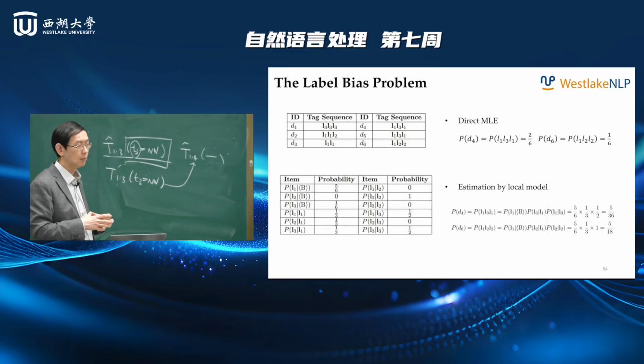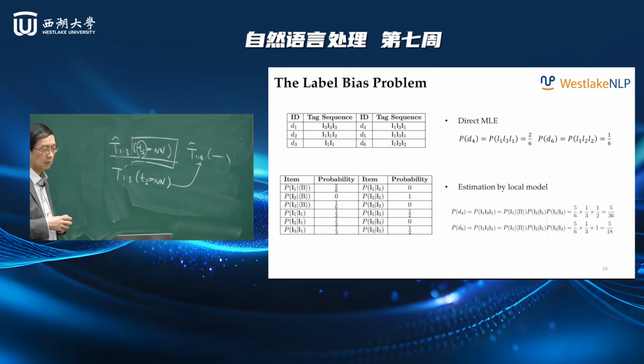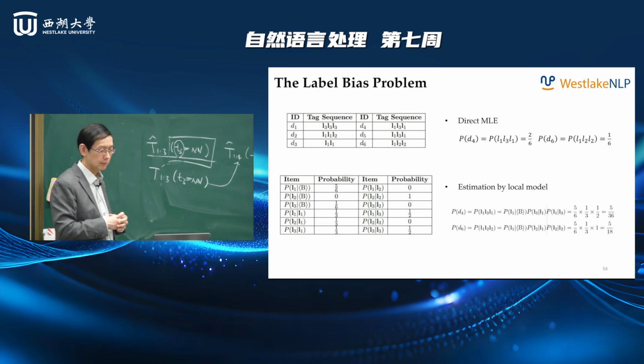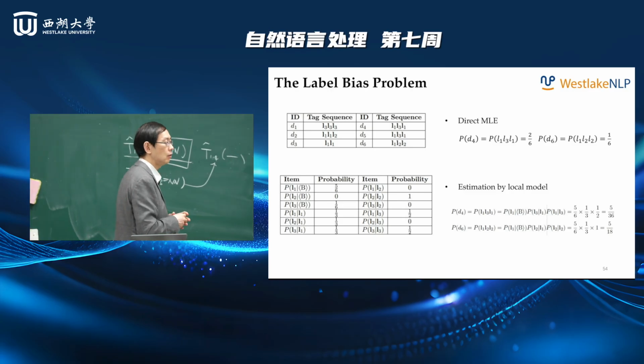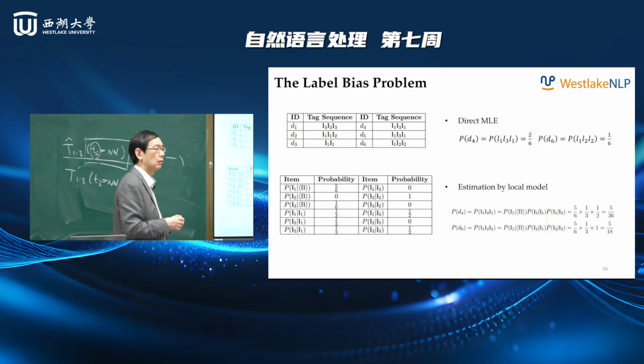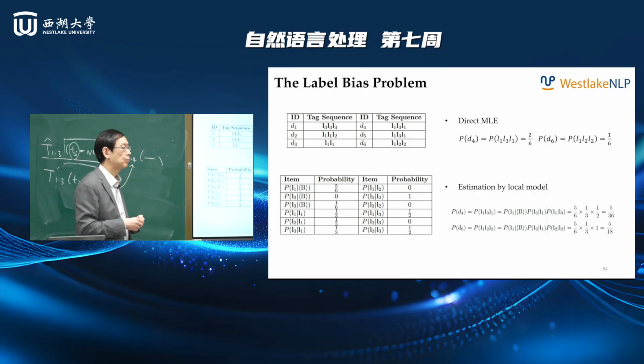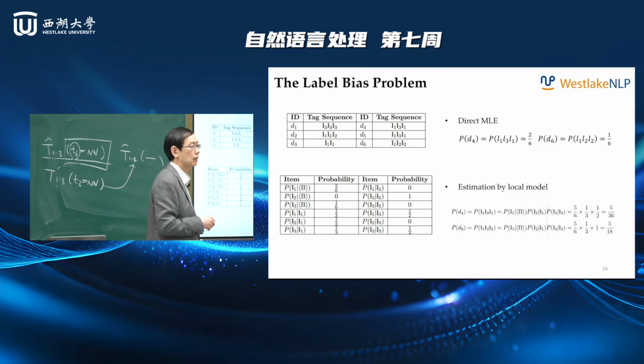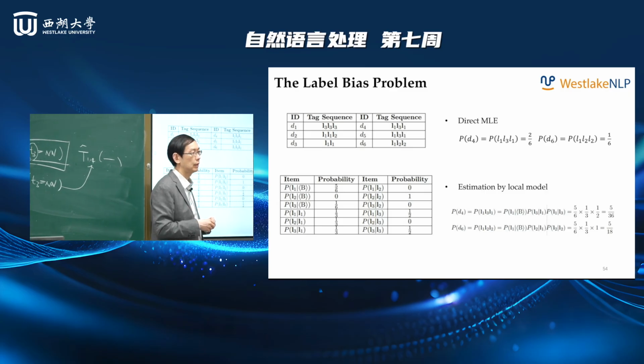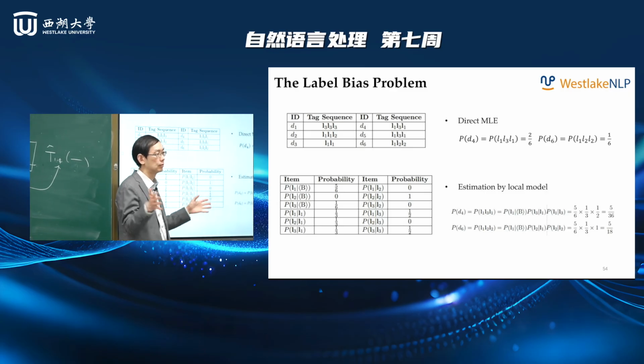Now let's build a local model. What do I mean by local model? A local model will calculate the sequence probability as a product of tag transitions, right? A bigram model.